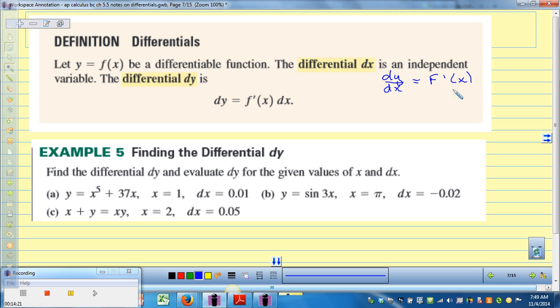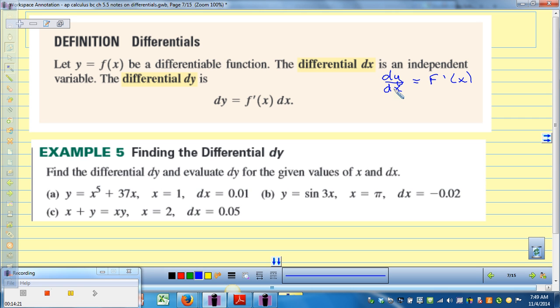So these two things are identical, yes? And they mean what? Derivative, which means what? What about the tangent line? Slope of the tangent line. So derivative is slope of the tangent line. So this dy over dx is a slope.